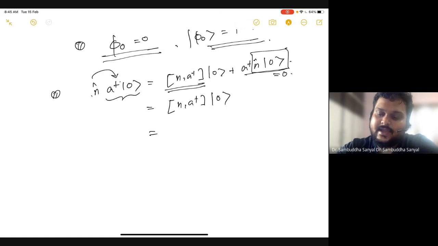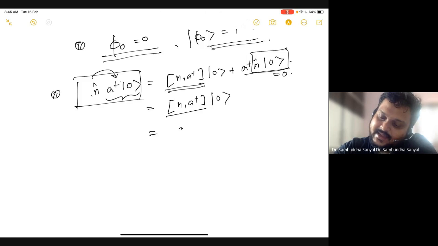If you see this proof, you will just see that if you do this step, you will get this result. But I want to convert this expression in terms of what I know. What I know is how n acts on a. So I have to use this commutator, and then I end up in this form. But I also know what this is, and this guy is nothing but a dagger 0.